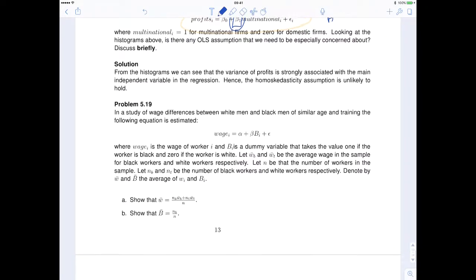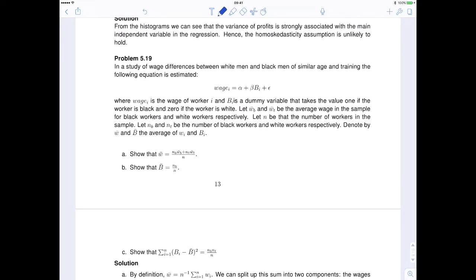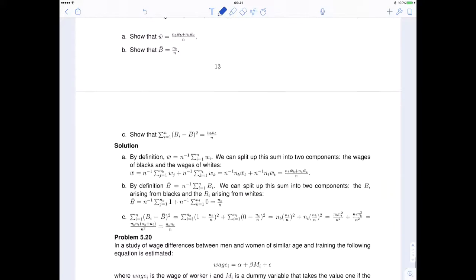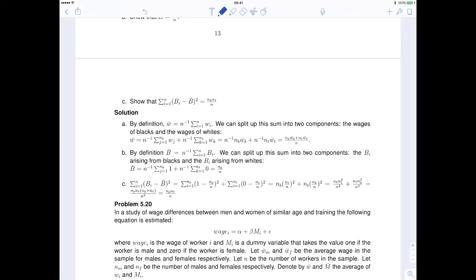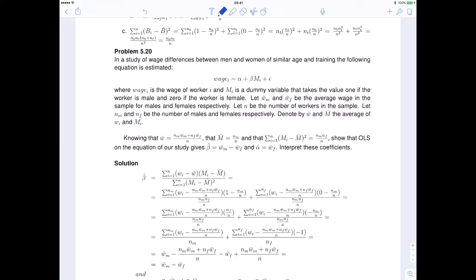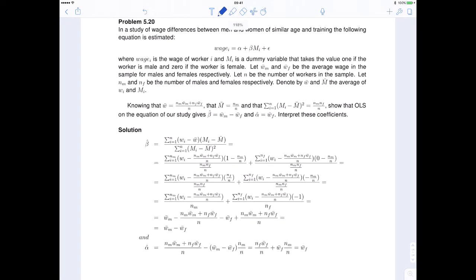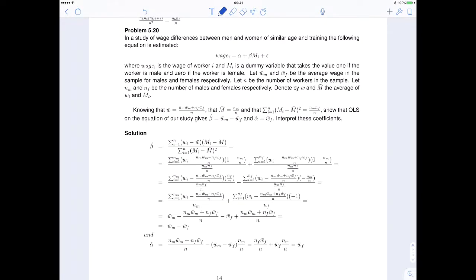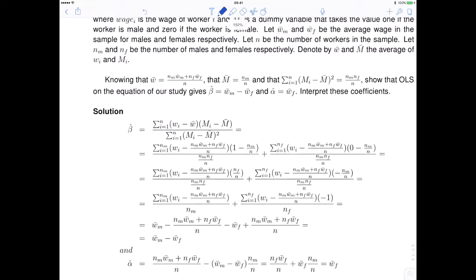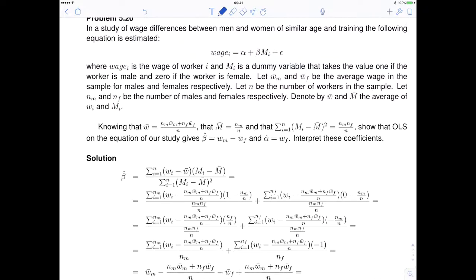For question 5.19, I have created a video where some of your colleagues have taken different ways to answer this, and 5.20 really builds on that. So 5.20 proves to you what we have been just assuming in lecture, that if you have a dummy variable type model, this beta here would exactly be the difference in means between the two different subgroups.